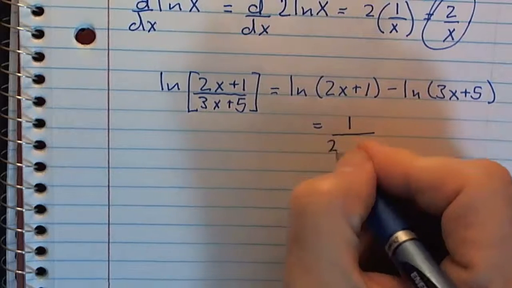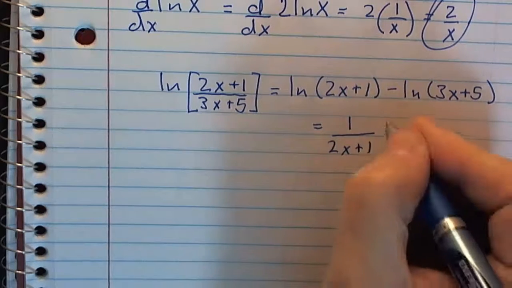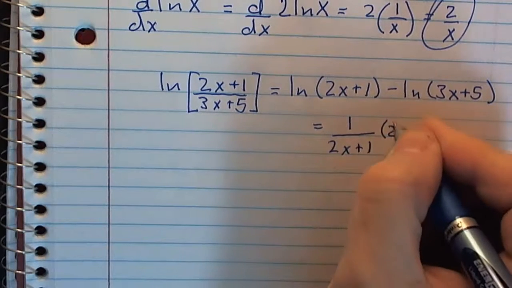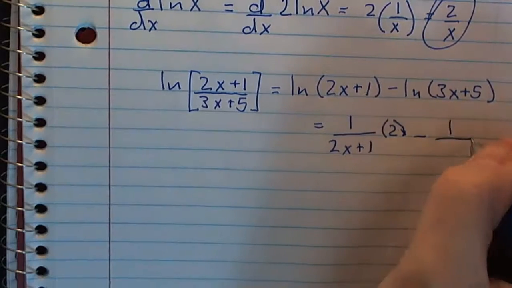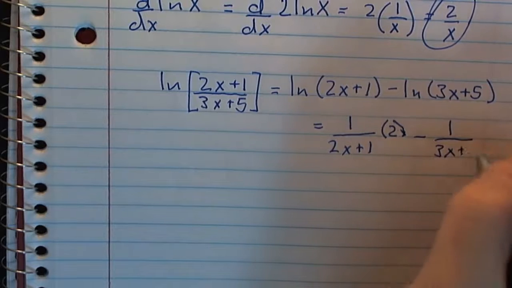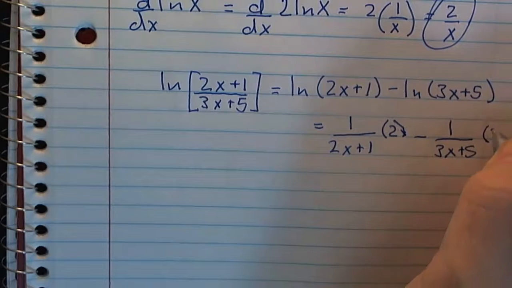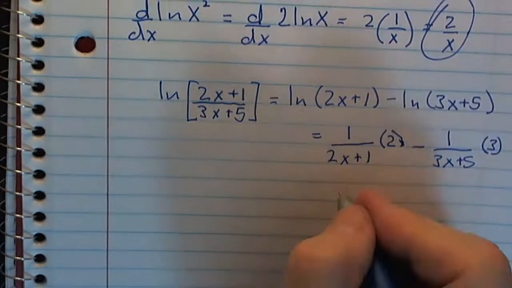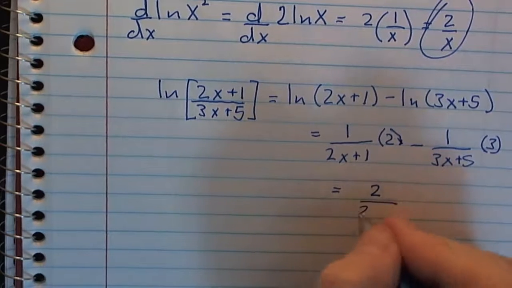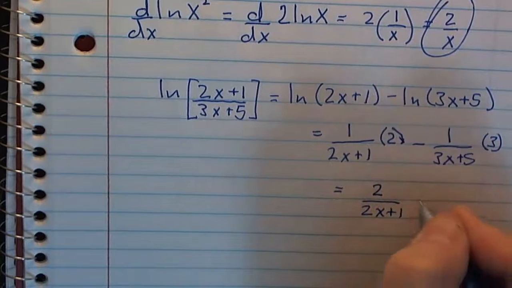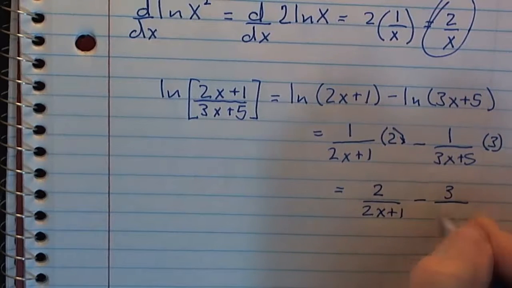This is 1 over 2x plus 1 times the derivative of 2x plus 1, which is just 2, minus 1 over 3x plus 5 times the derivative of 3x plus 5, which is just 3. And look what we have here. We have 2 over 2x plus 1 minus 3 over 3x plus 5.